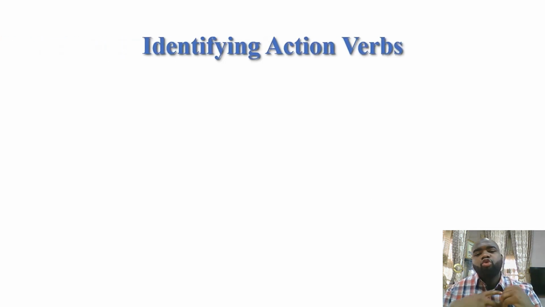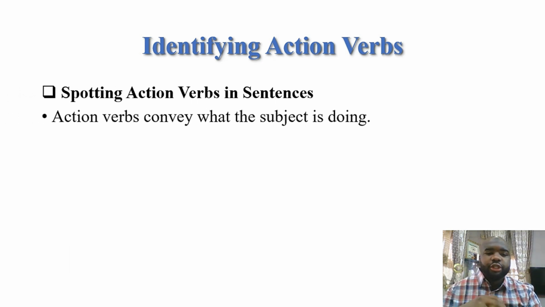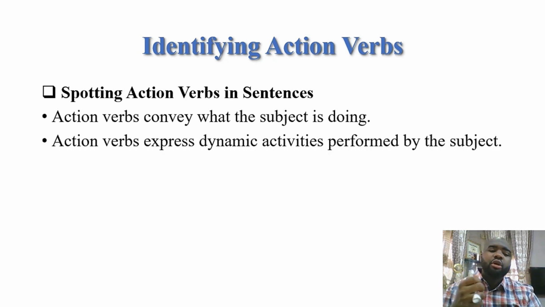Now, how do we identify the action verbs? How do we know the action verbs? All right, action verbs convey what the subject is doing. All right, what the doer of the action is doing. Subject. All right, the performer of the action. Action verbs also express dynamic activities performed by the subject.